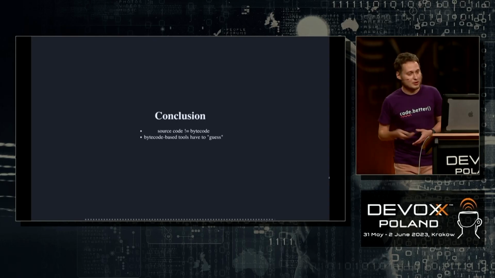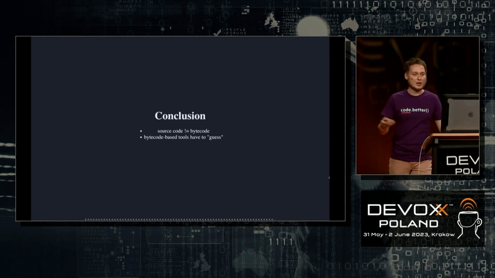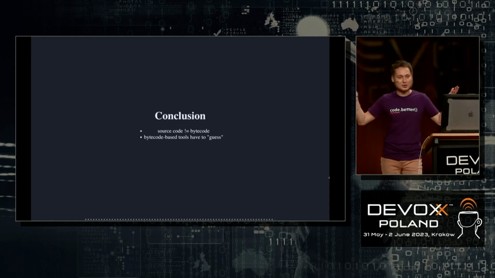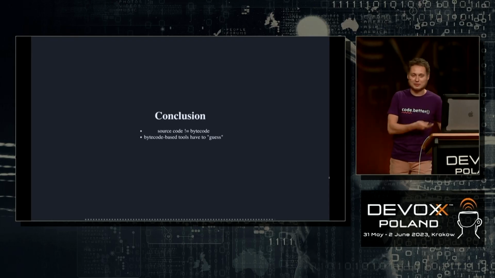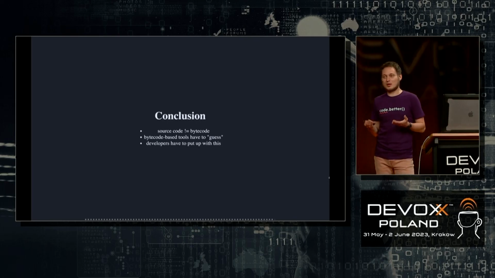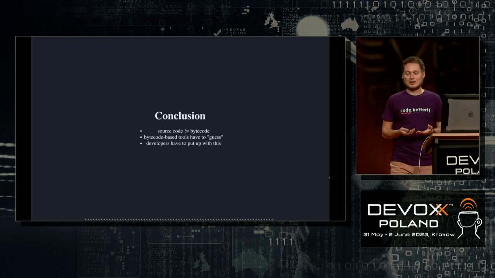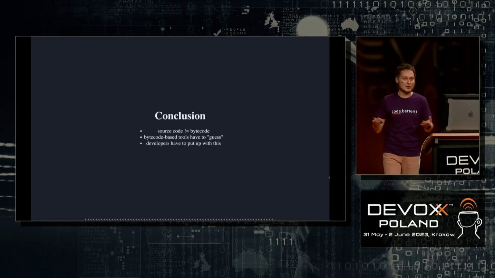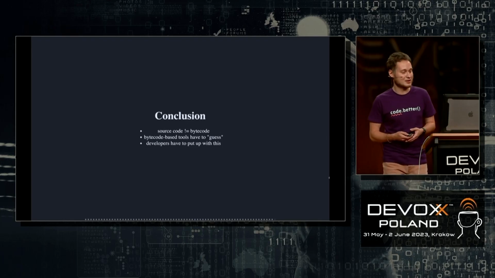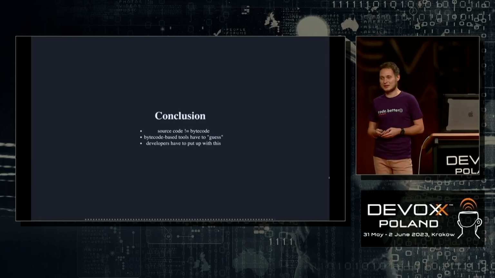So, bytecode-based tools have to guess sometimes. Like with try-with-resources, there is no way to distinguish one from the other. Bytecode-based tools sometimes have no way to map things to each other. So, developers have to live with this. Please bear with us. Please understand that we cannot cover all those possible cases. We try, but it's hard.